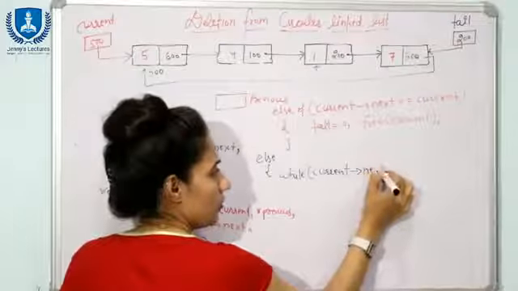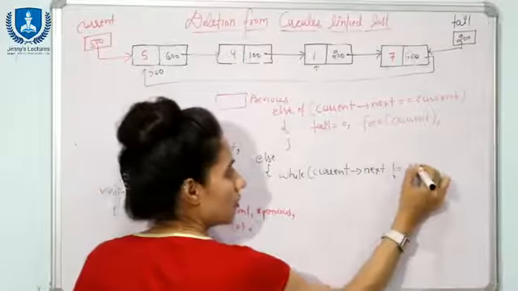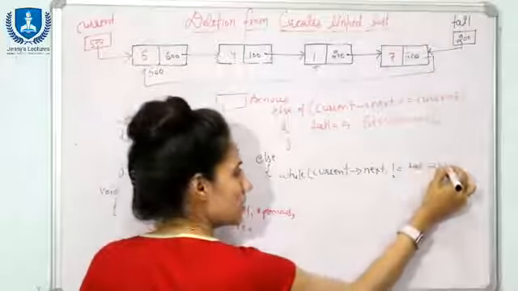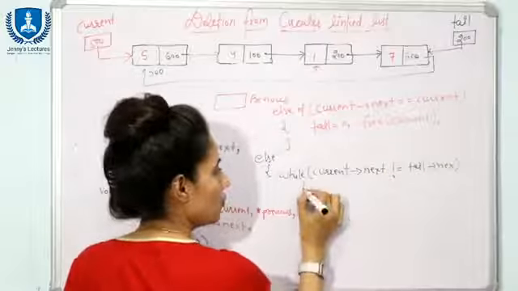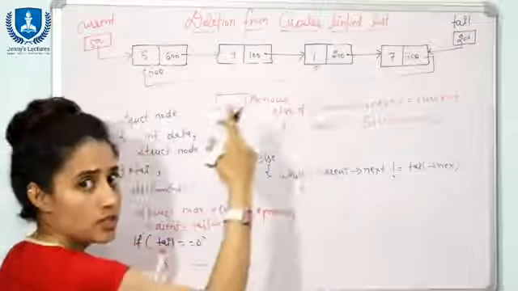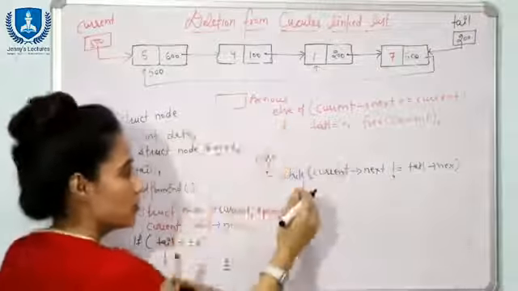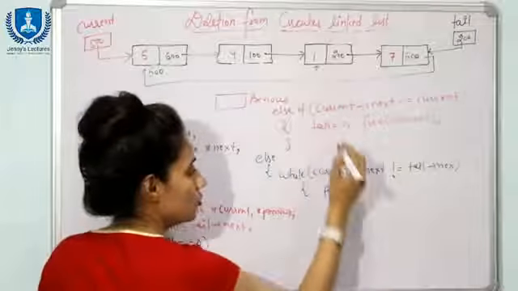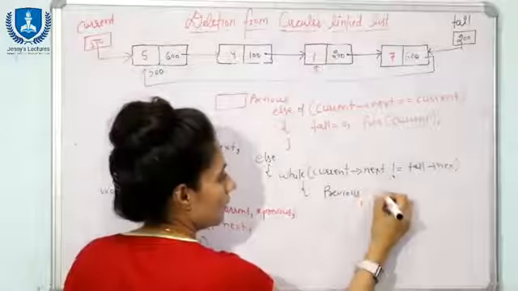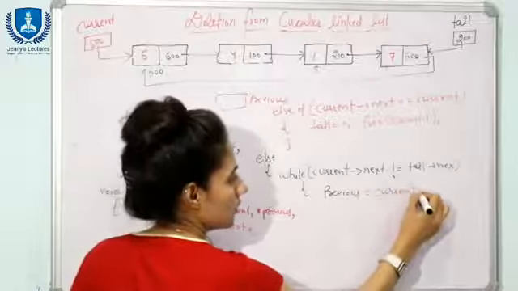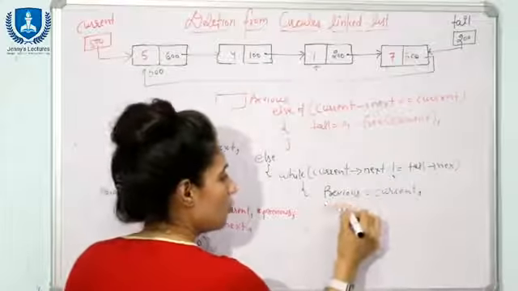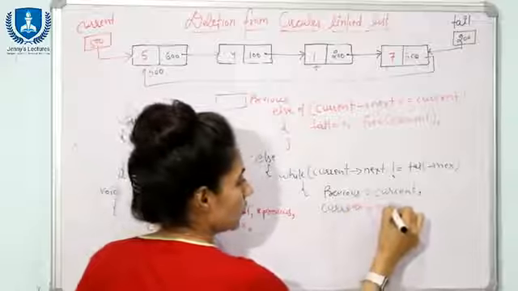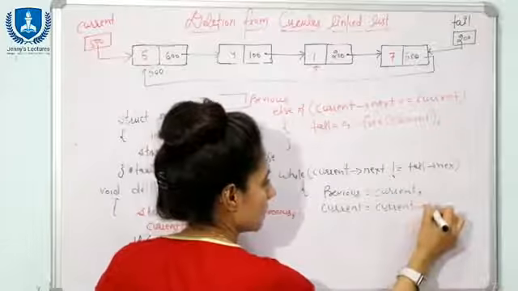While current of next is not equal to tail of next, till then we are going to move this current. But before moving this current, first of all we will set a previous pointer, because we need a pointer to the previous node also, previous is equal to current, right? After that we will move current is equal to current next.